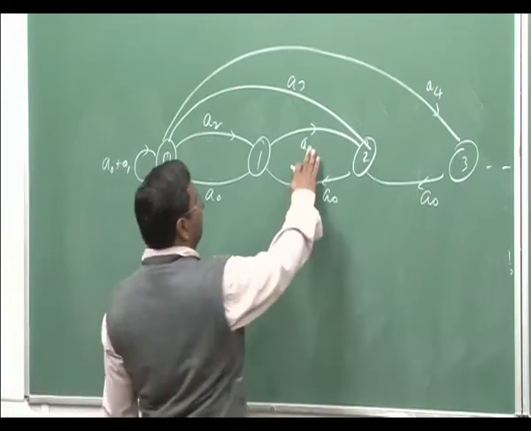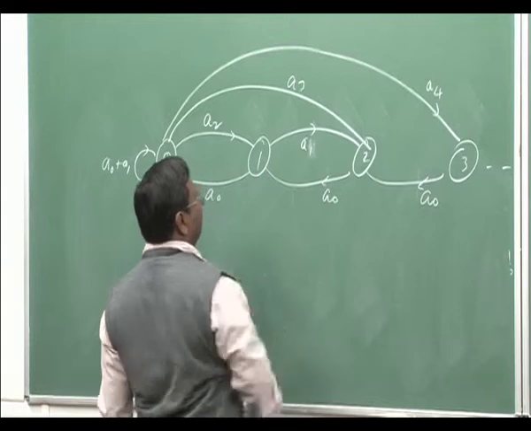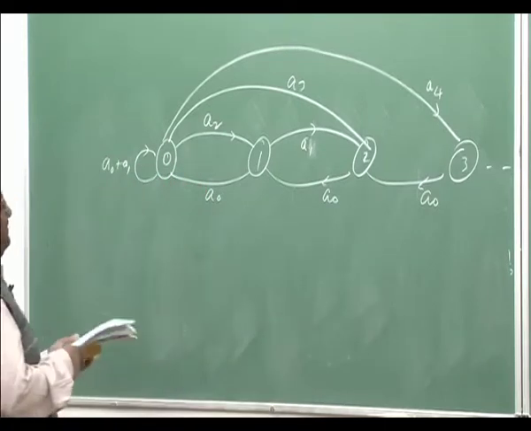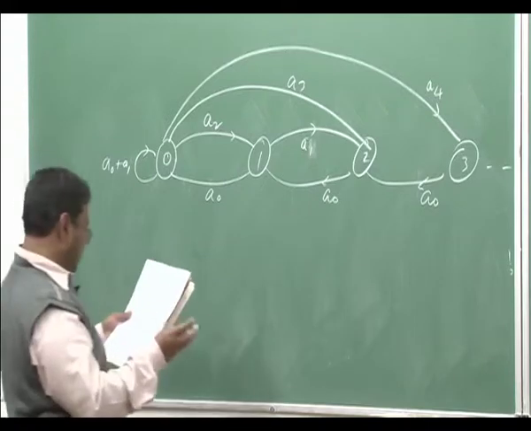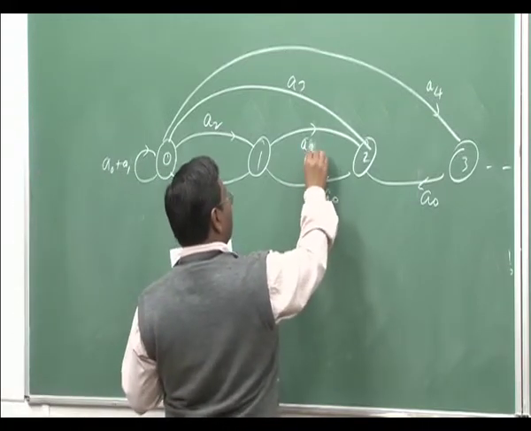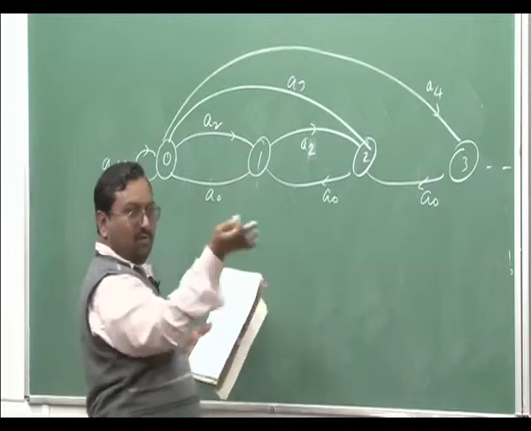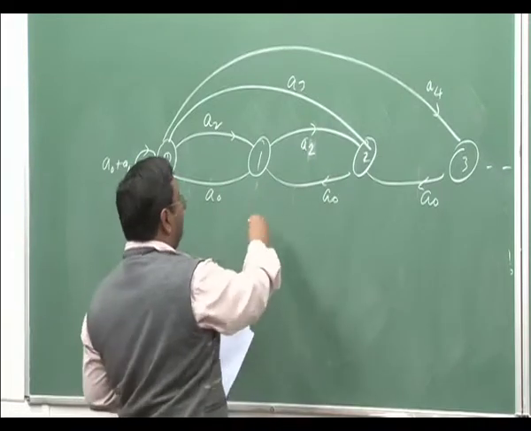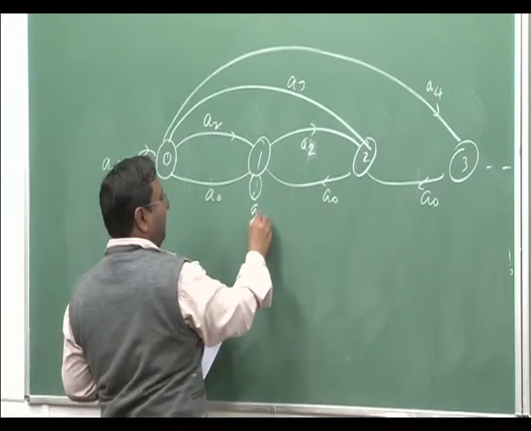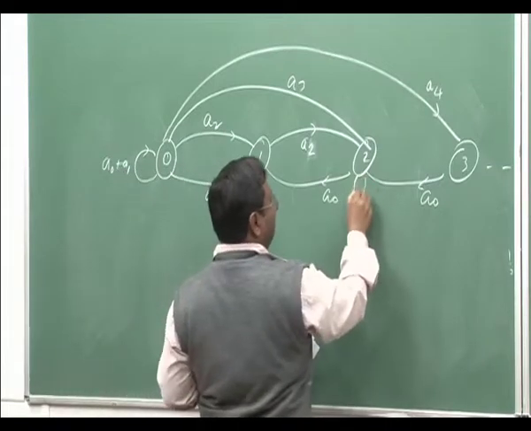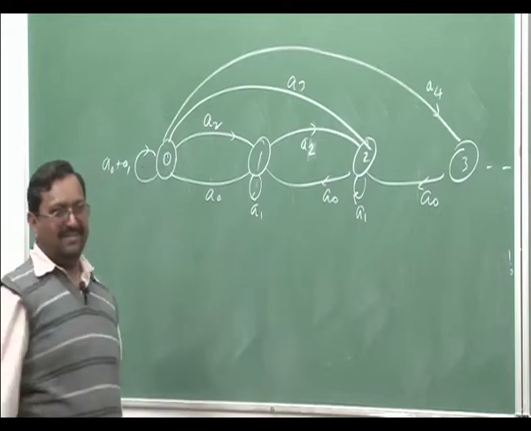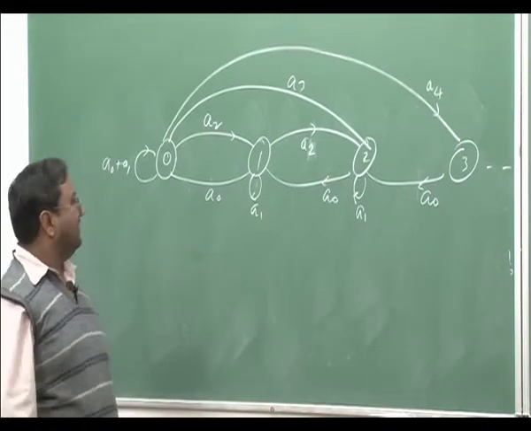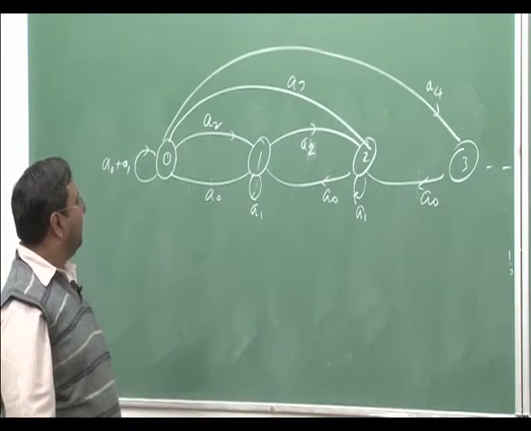Sorry, it should be A1 here, not A2. Just a minute, it has to be A2 only. This packet will be going out, 2 will be coming in, so you will be in state 2. You will remain here with A1. Okay. A1 will go back to state 0, A0 will stay in 1 only.